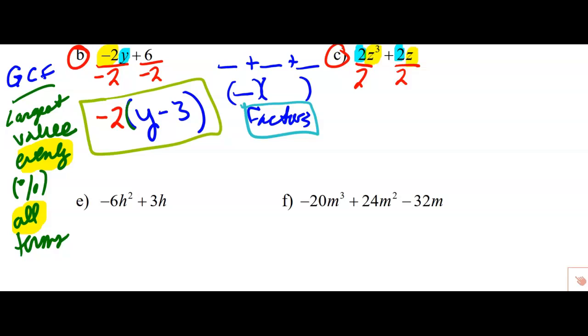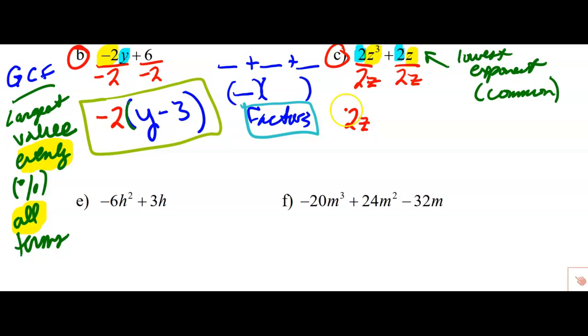Essentially, to divide out, what you want to look at is the lowest exponent, because that's what is common. Whatever the smallest exponent is, you have at least that on every term for variables. So z and z, and 2z is my GCF.